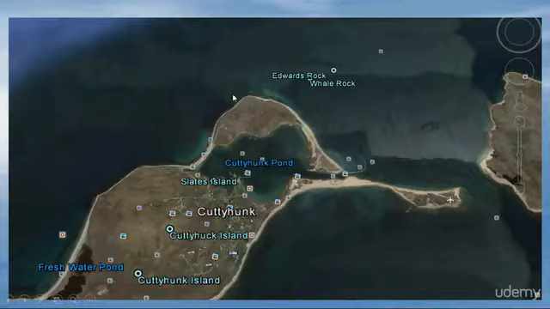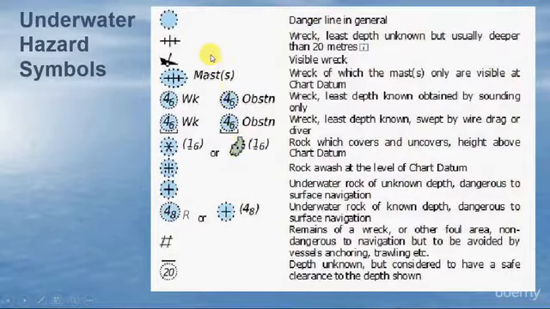So now let's look at what some of those rocks and so on that I was talking about earlier and what they all mean. So you see something like this on a chart, which indicates that there's a line of danger in general. Here you see a wreck indicator. Another kind of visible wreck, it's above the mean high tide.